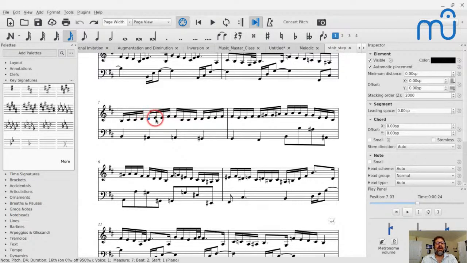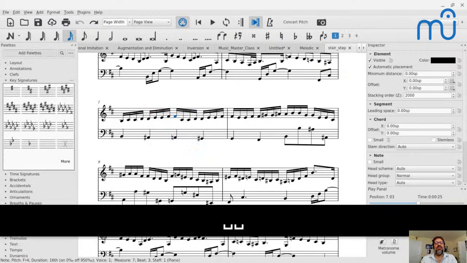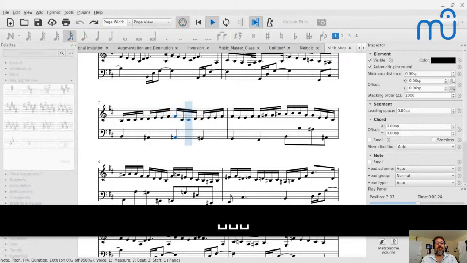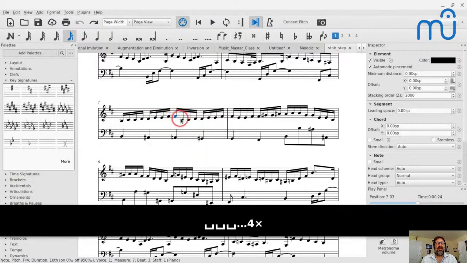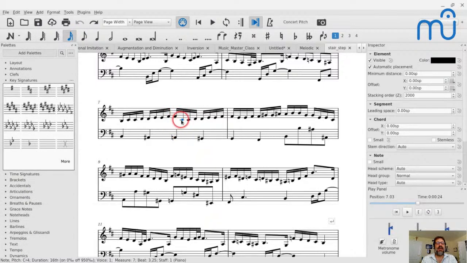But it is interesting to look at the fact that A sharp and E, well, that would be an A sharp diminished chord, A sharp, C sharp, E. So that's our 7 chord. And then it's resolving to this F sharp, A, C sharp. That's like an F sharp minor chord, a 5 chord. So we've got this diminished 7 chord going to a minor 5 chord.